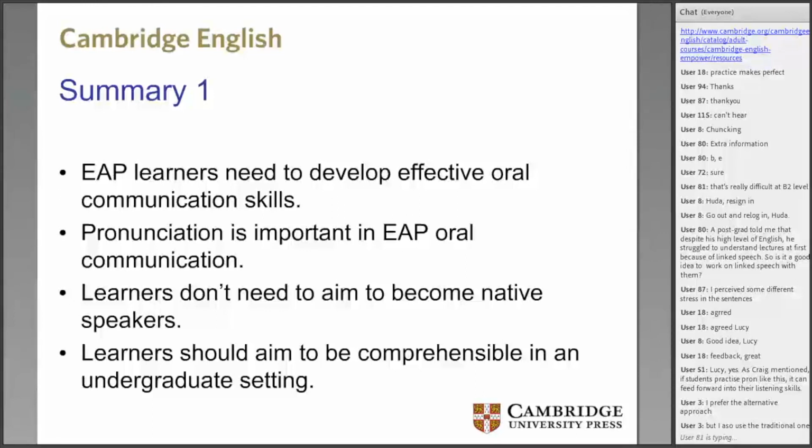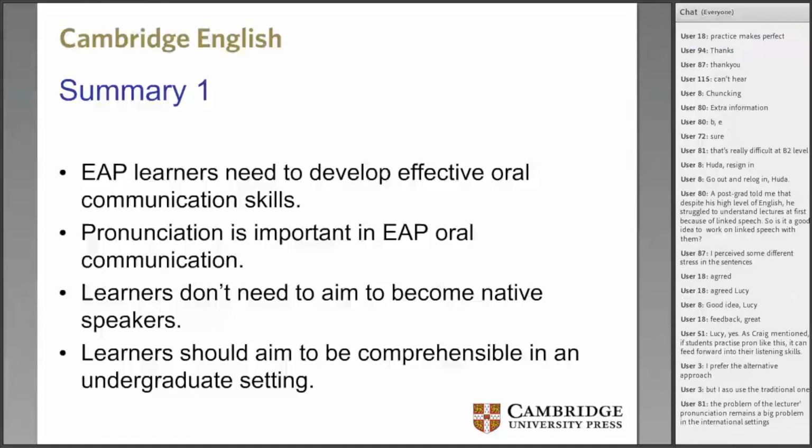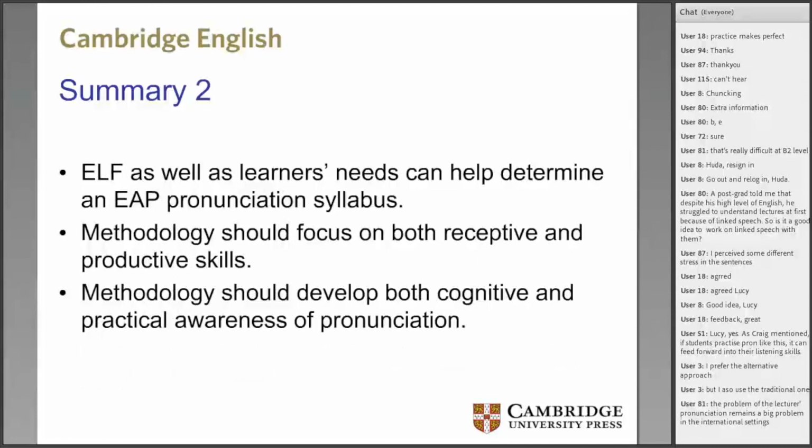In doing this and focusing on phonology, we're not trying to turn them into native speakers. What we want to do is make sure that they are comprehensible in an undergraduate setting. And remember, I perceive comprehensible as being not only that the information is understood, but that the speaker's intention is understood.